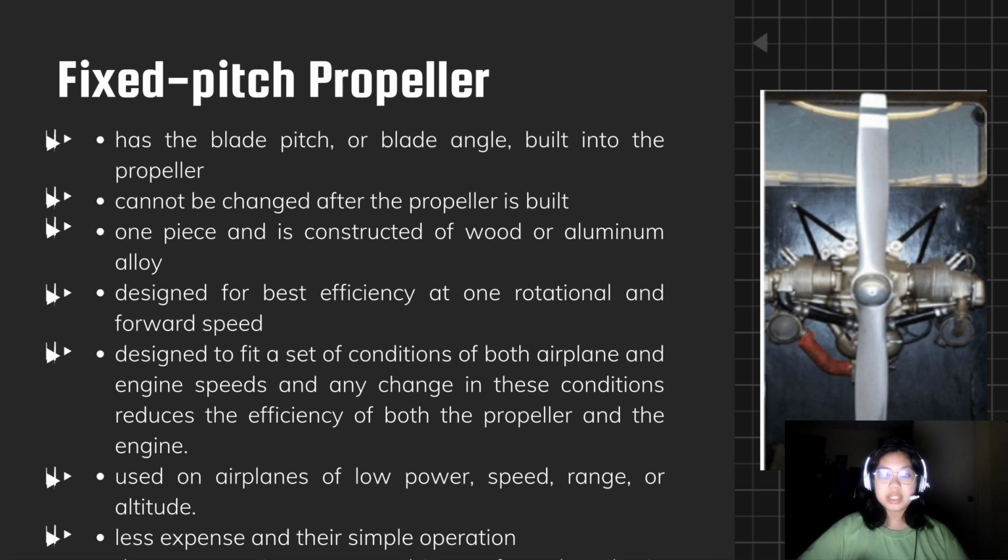They are also designed to fit a set of conditions of both airplane and engine speeds, and any change in these conditions reduces the efficiency of both the propeller and the engine. Lastly, the advantages of these types of propellers are that they are less expensive, they are simple to operate, and they do not require any control input from the pilot in flight.